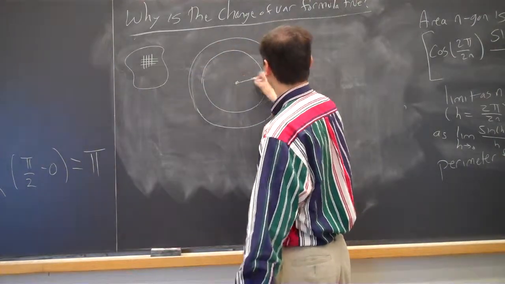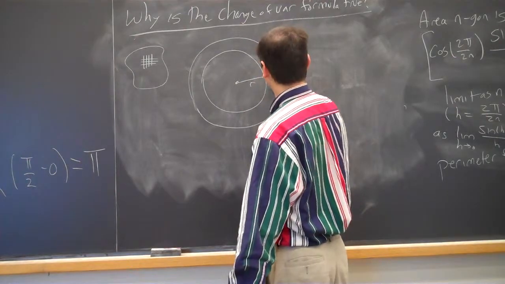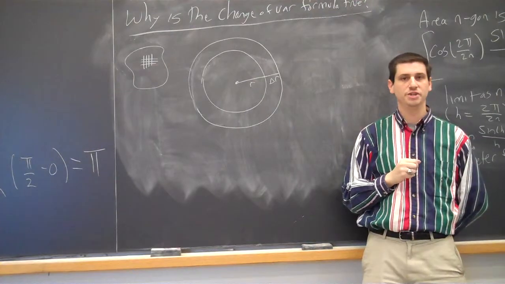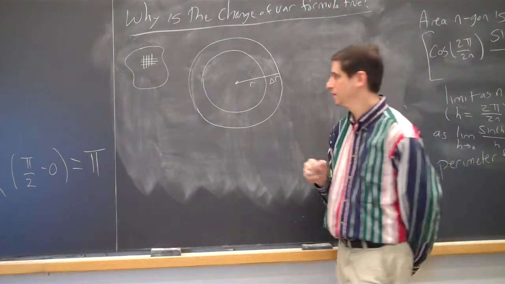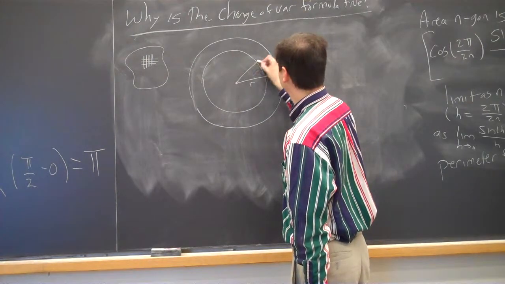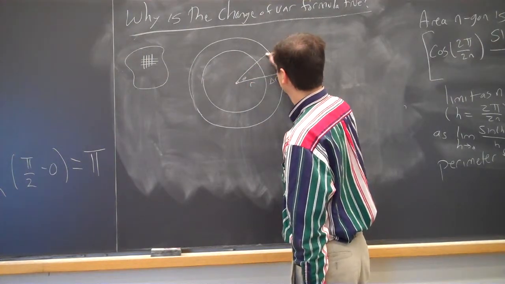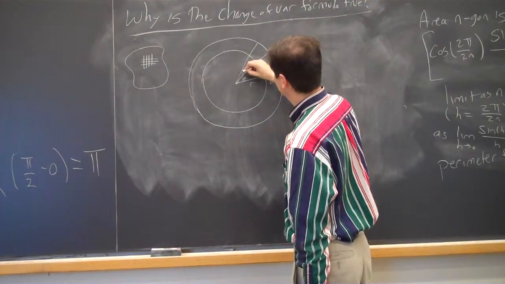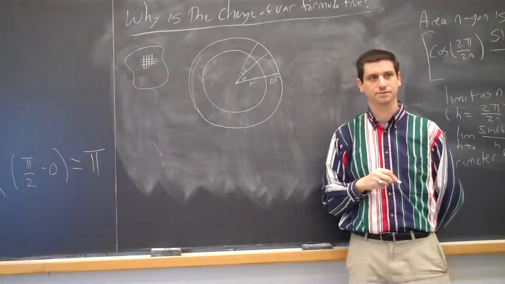So here is a circle of radius r, and I'm going to increase the radius by a small amount delta r. And I have some angle here, theta, and I'm going to increase the angle by a small amount delta theta.